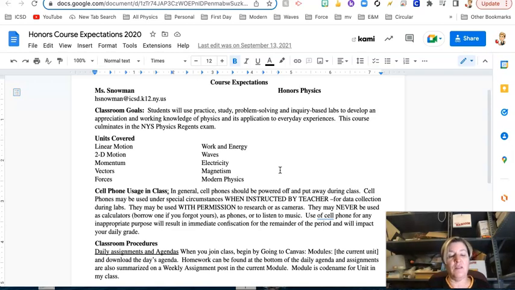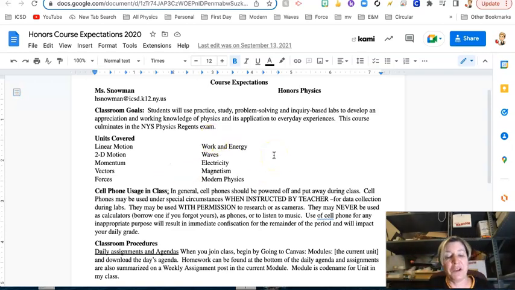And then we'll get into vectors and forces, and go over Newton's laws. We do a lot of computer and computer-aided labs, including all kinds of fancy equipment to do force labs.